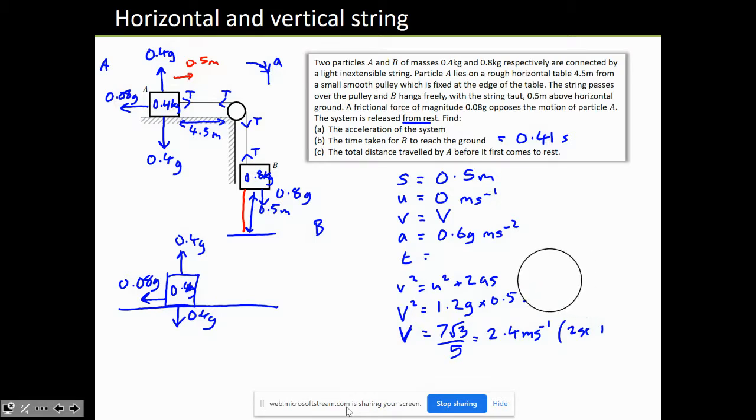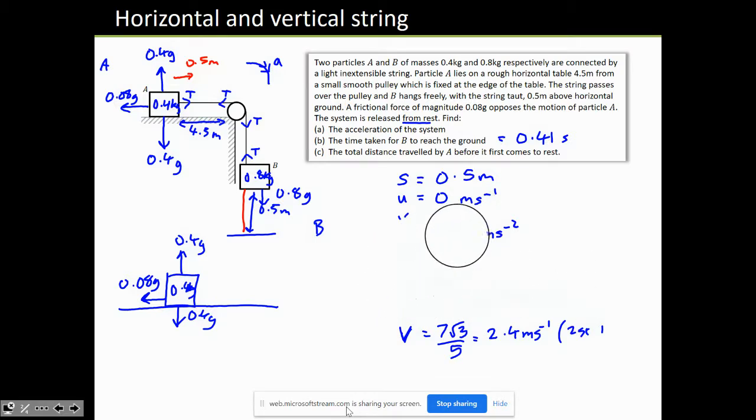So let me just get rid of this because now we don't have tension, we also don't have an acceleration that is the same as it was before. This time our acceleration will be a deceleration, so it'll be an acceleration in this direction. What we need to do is recalculate that acceleration first before we can continue with the question.